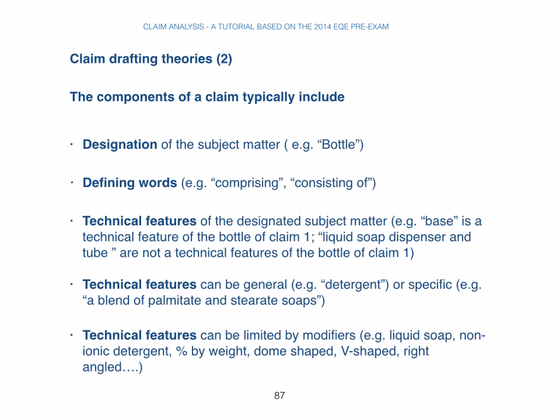For claim 3, the designation of the subject matter was a liquid soap composition, and the technical features of the composition were water, detergent, and glycerine. And for claim 4, the designation of the subject matter was a dispensing system, and the technical features of the dispensing system were hand pump, bottle, tube, base, tube portion, and well.